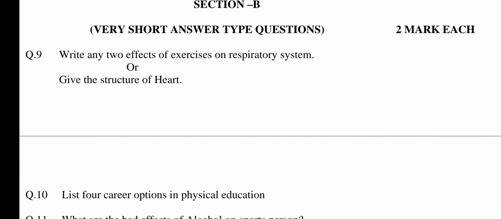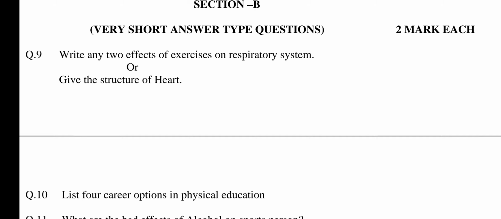Question number 9. Write any two effects of exercises on respiratory systems. This question is related to chapter number 2, physiological aspects of physical education. The answer may be: regular exercise improves the operational efficiency of the respiratory system.